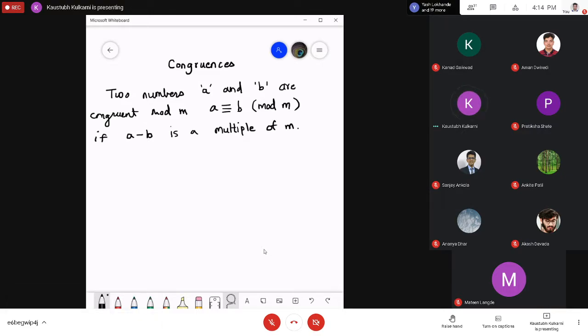The integer m is also an integer. Okay? M is also an integer, and for this particular course, we'll consider only positive m, and m is called the modulus.